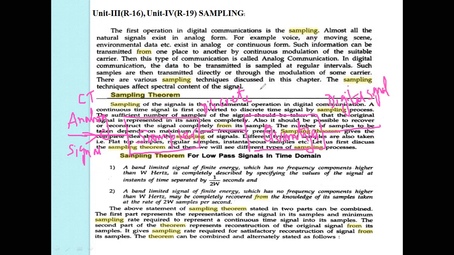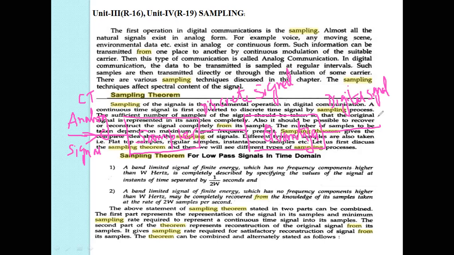Okay, this is a discrete signal after the sampling. It is also called digital, but only the time is discrete and the amplitude is continuous, my dear students. Digital means both the time and the amplitude are discrete, and continuous means the time and amplitude are both continuous.